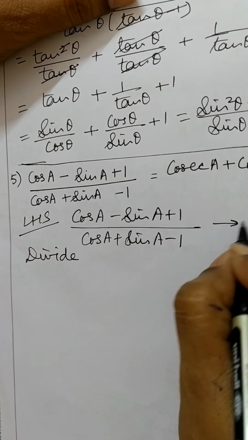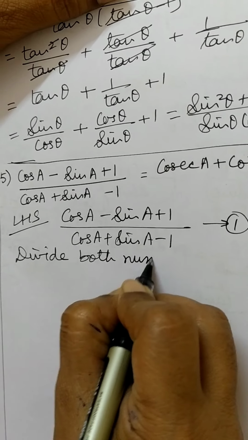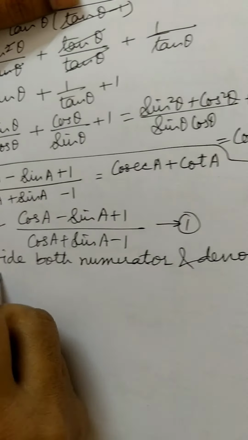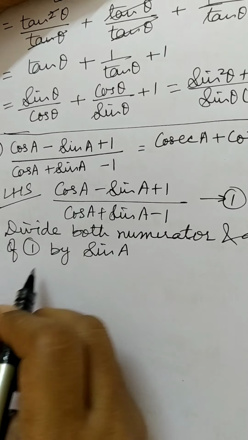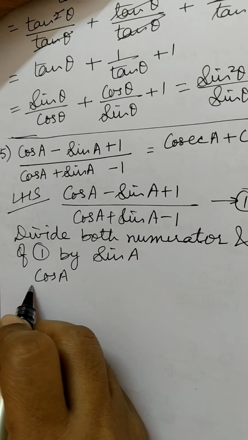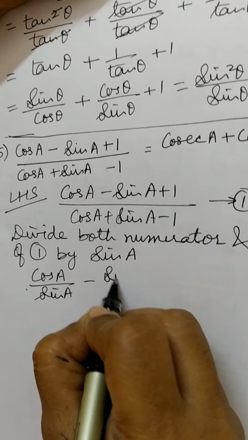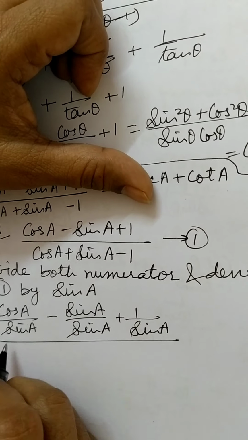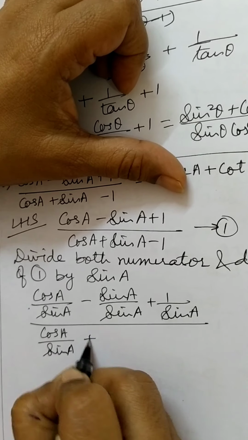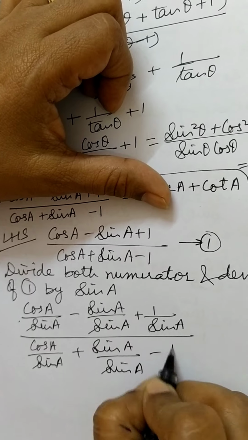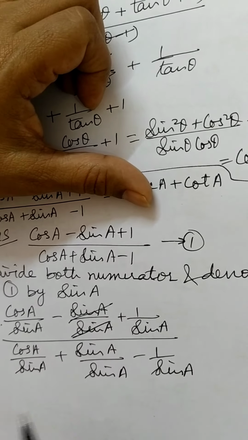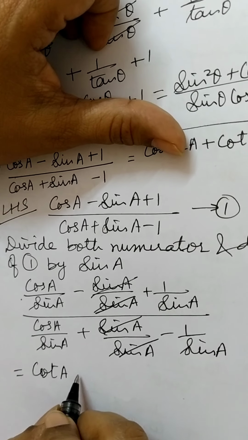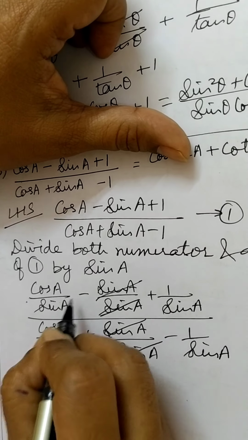So divide both numerator and denominator by sin A. So it will be cos A upon sin A minus sin A upon sin A plus 1 upon sin A. Denominator also, cos A upon sin A plus sin A upon sin A minus 1 upon sin A. Here sin A will be cancelled, here also, and what we get here is cot A, because cos A upon sin A is cot A, 1 upon sin A is cosec A, minus 1.